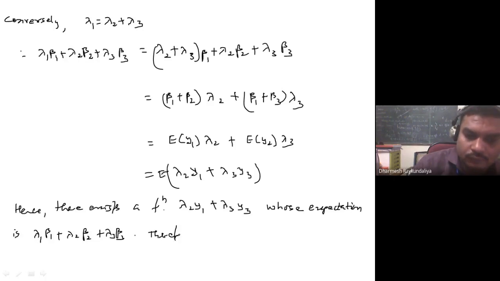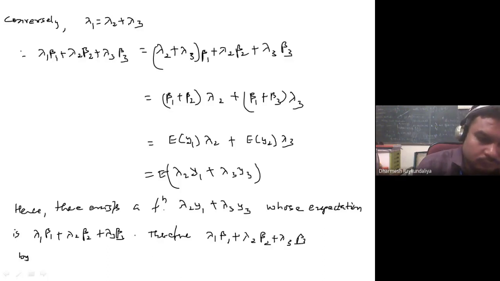Therefore, lambda 1 beta 1 plus lambda 2 beta 2 plus lambda 3 beta 3, by definition, is estimable.